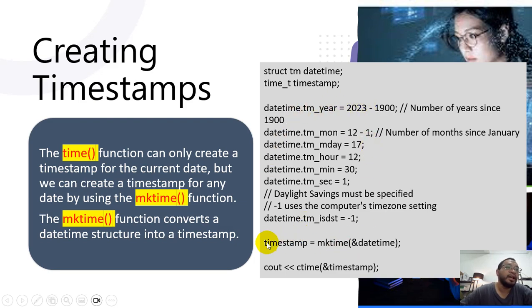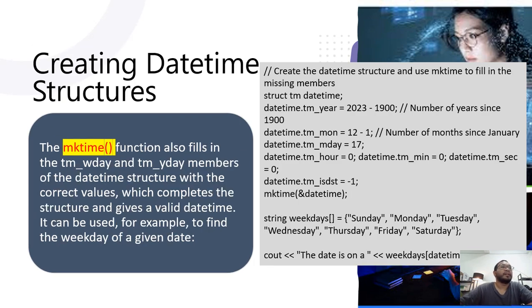For example, time_t timestamp equals mktime and datetime. So datetime, for tm the isdst equals -1. So -1 uses the computer time zone setting. For example, your time zone is +8 for Malaysia, so you will be using +8 for Malaysia. And another example, string weekday.